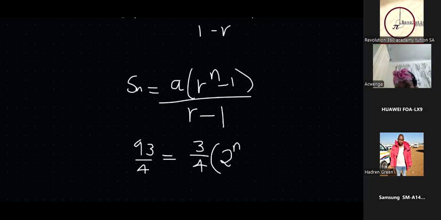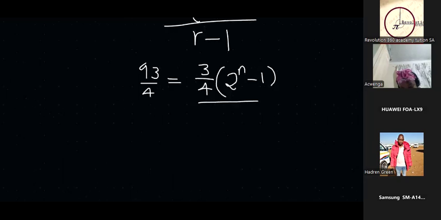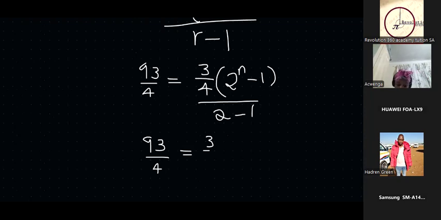Then you say minus 1 all over r minus 1. r is 2, you subtract 1. So this basically means you're going to have 93 over 4 equals 3 over 4 into 2 to the exponent of n minus 1.